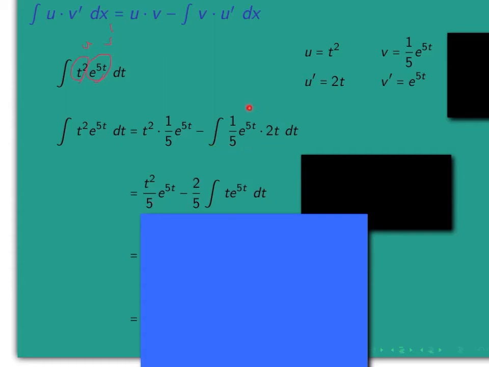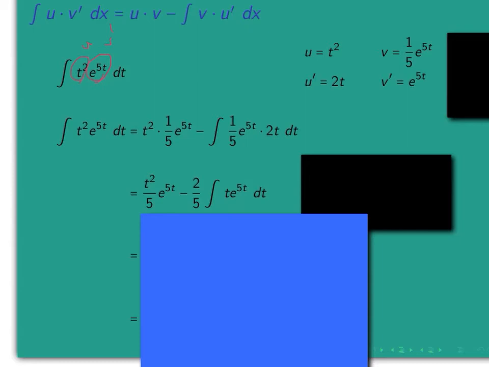And in this integral, I'm going to pull the 2/5 outside the integral, just because it's a constant, so I'm just going to take it out of the way. So after simplifying, we have t squared over 5, e to the 5t, minus 2/5 times the integral of t e to the 5t.